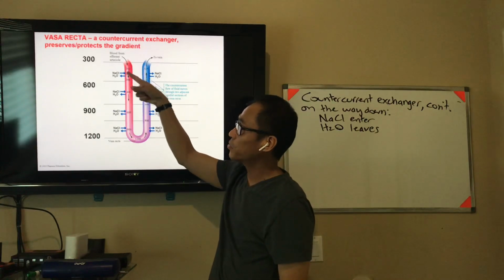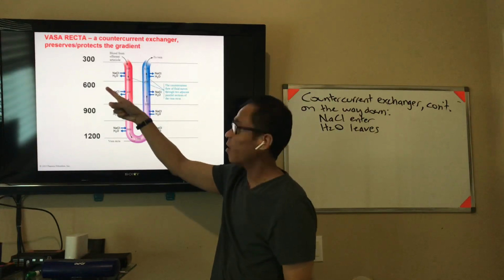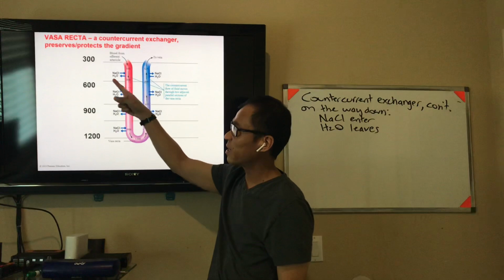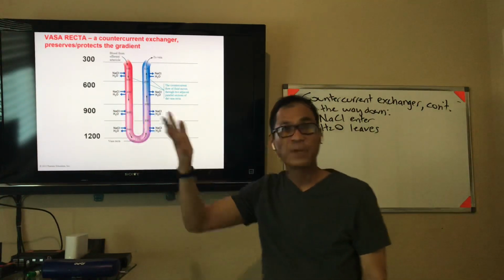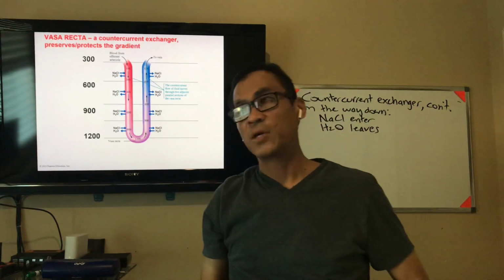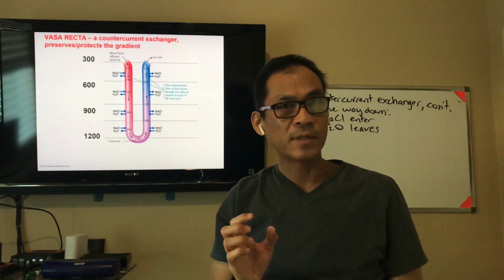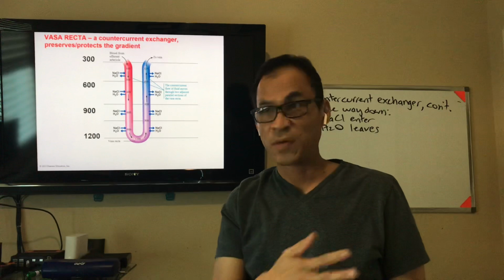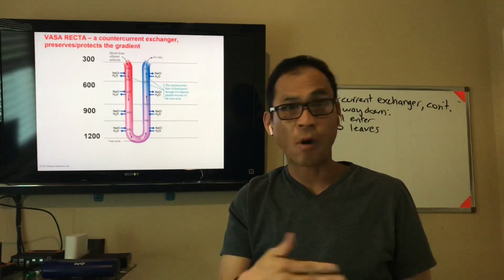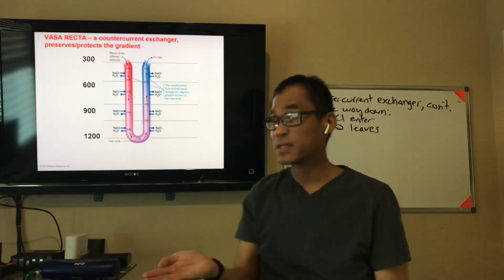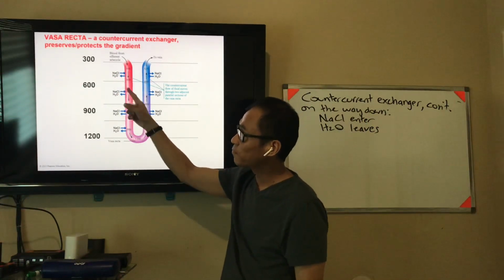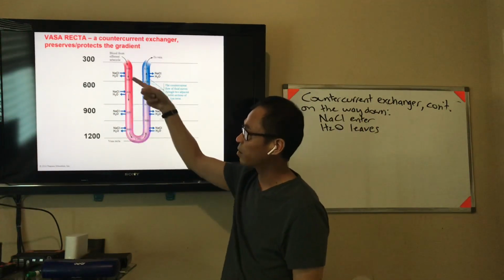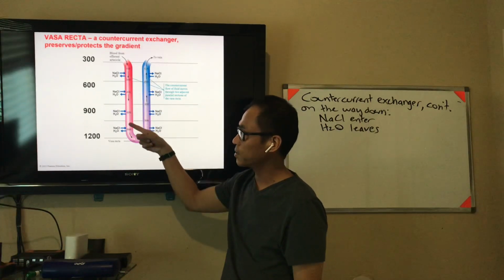The blood, as it goes to a more salty environment on the way down, is less salty than the environment it's in. So sodium wants to flow into the blood vessel, and it can because it can do it passively. Remember, capillaries are very leaky, so things can just go through the capillary wall by rules of, in this case, diffusion. So salt enters a less salty blood all the way down, right?